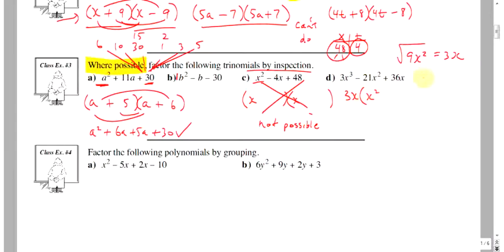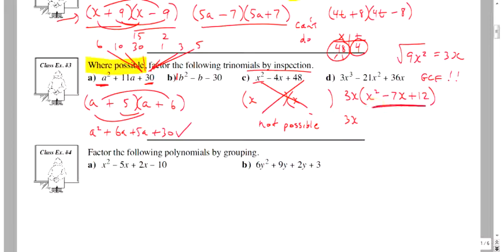So anytime you can take out a greatest common factor, you do it first. I want this trinomial to be as small as possible before I factor it. Okay? If I take 3x out of 21x squared, what do I got left? 7x. If I take 3x out of 36x, what do I have left? 12 times 3 is 36, and there's my x. That's a lot nicer to factor.